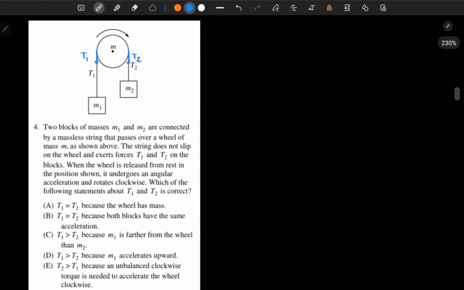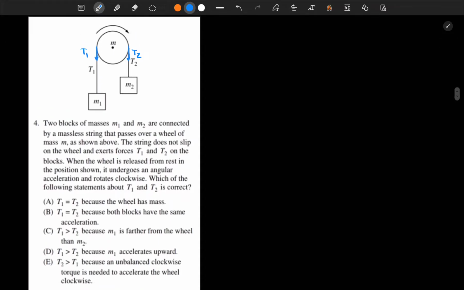Then we see that T2 must be greater than T1 so that there is a net torque moving down in this diagram, meaning that the string block system will rotate clockwise. So the answer here should be E.